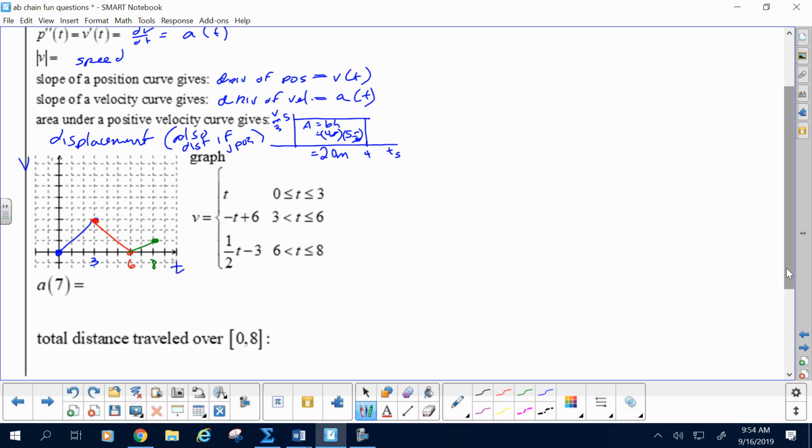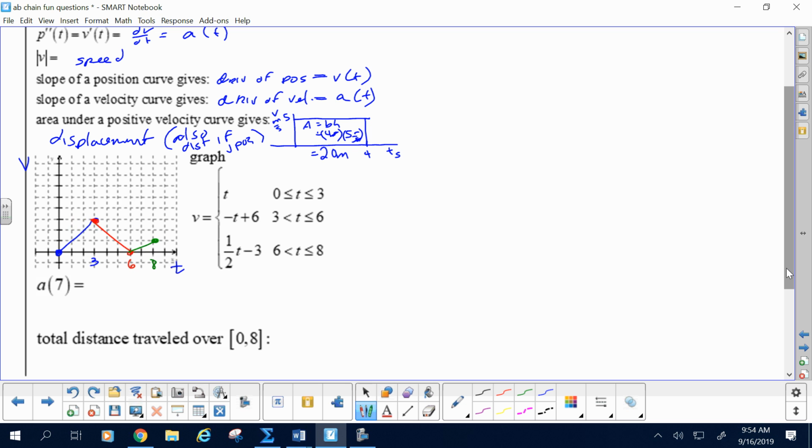Is the velocity constant here, or is the velocity growing? It's growing. The velocity is growing. It was at a stop at time 0, and he moved right until time 3. At time 3, is he not moving right anymore? Is he starting to move left, or is he still moving right?